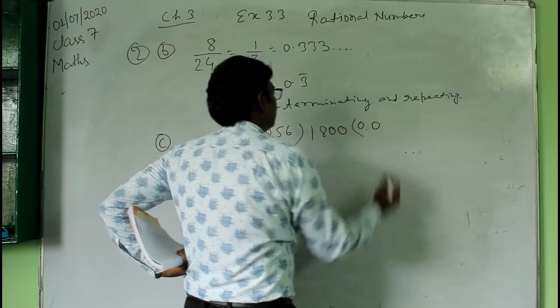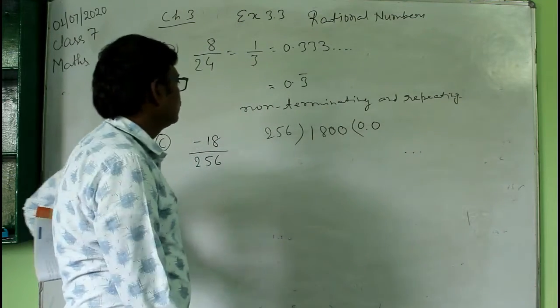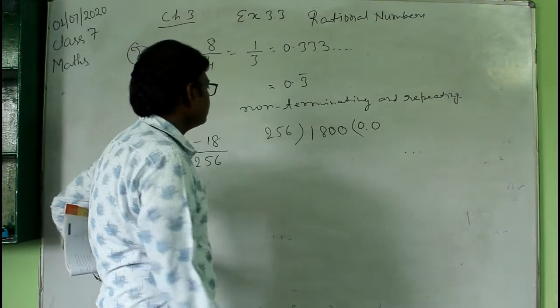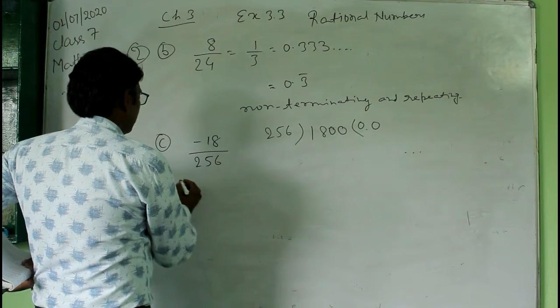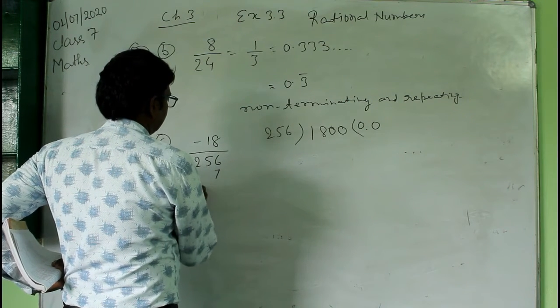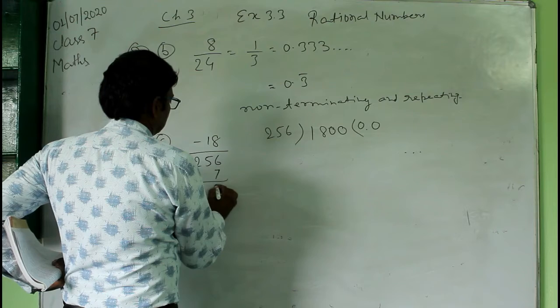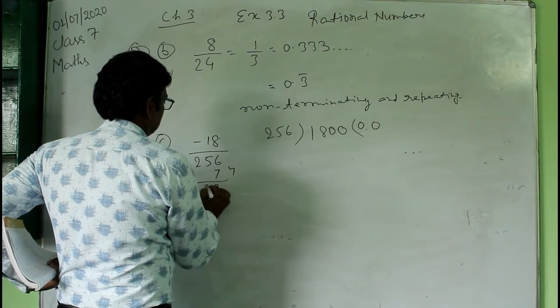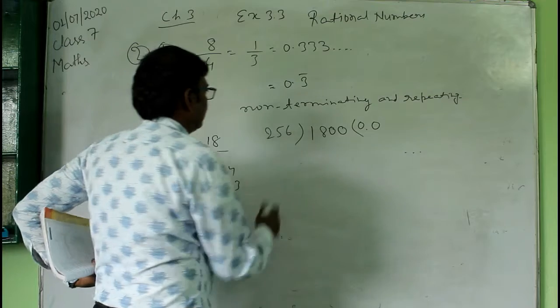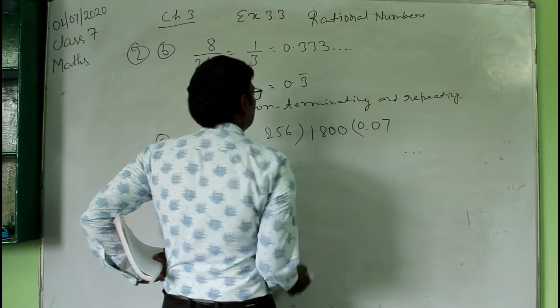Now start division. So it will go by which number? 256. It will go by 8 or not, 8 or 7. Yes, it will go by 7. Then it will be here 7.